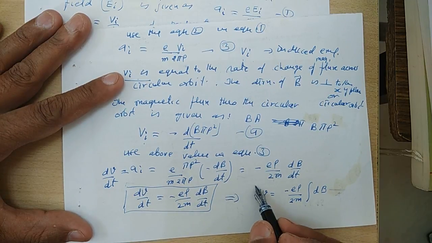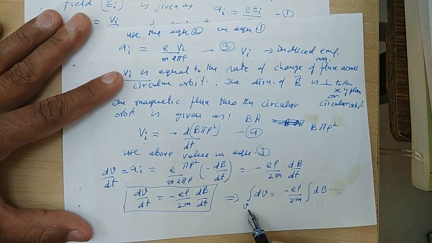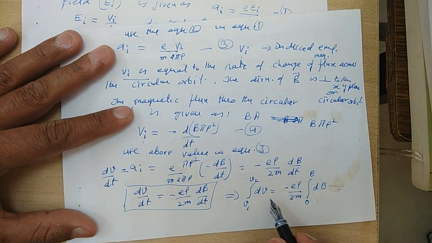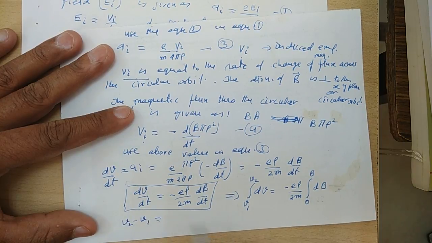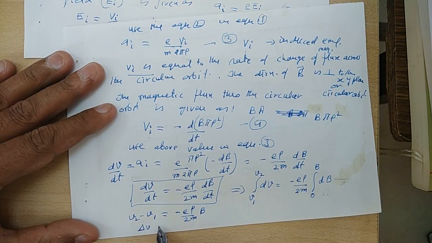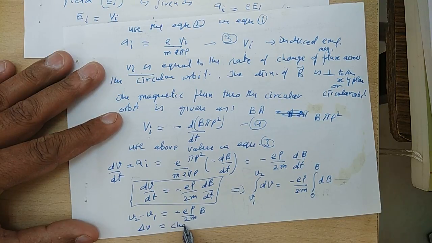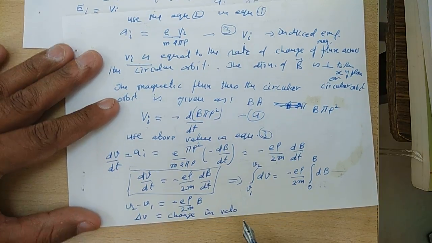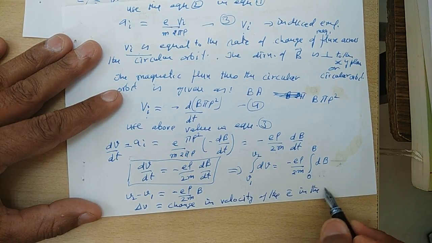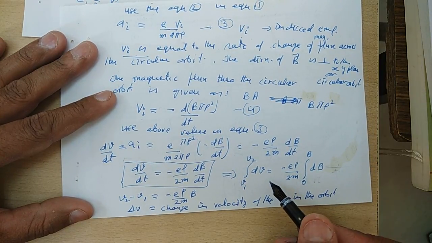Like this, and integrating both sides. Here the velocity changes, decelerated from v1 to v2, and the value of the field changes from 0 to B. So on integrating it, I get this expression: v2 minus v1 is equal to minus E rho by 2m into B. And I can write this as delta v, which is the change in the velocity of the electron in the orbit under the application of the magnetic field.